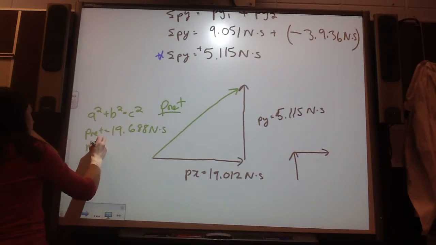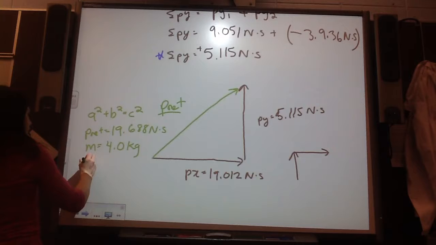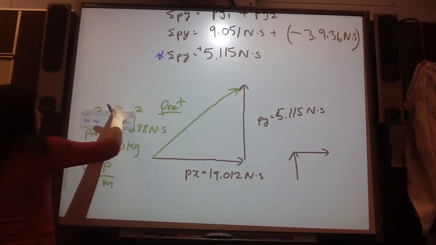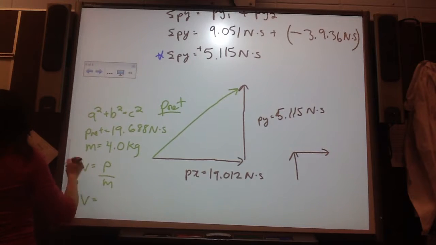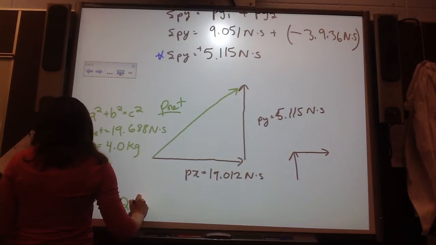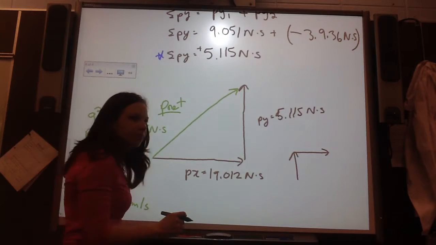So now we just plug in its mass was 4 kilograms. V equals p over m. And our velocity is 4.92 meters per second. But that's only its speed. It asks us for velocity, so we need direction.